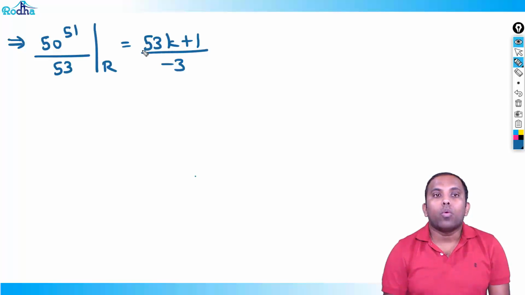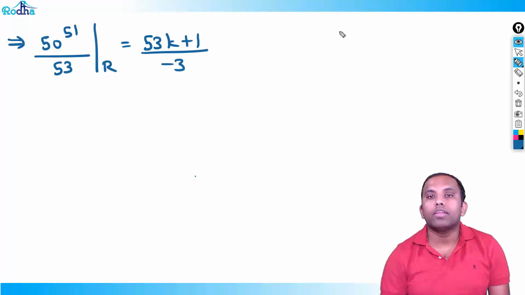The first method is simple observation: I want a number of the form 53k plus 1 which is divisible by 3. We observed that at k equal to 1 it is divisible.